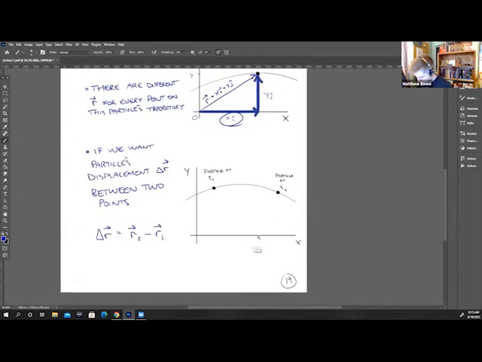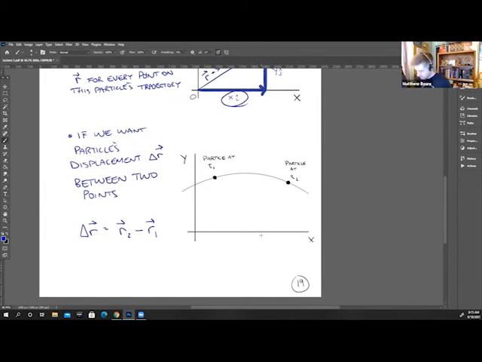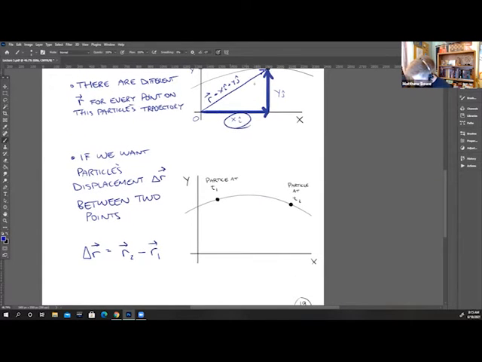As for a little picture, you see, we could break each of these position vectors into their components, x and y. And if we look at comparing 2 points, let's call this, since this is the particle at t1, this is R1. And this one over here, that is R2.